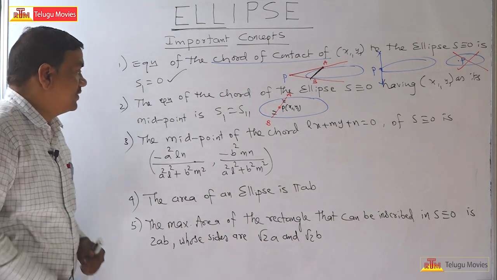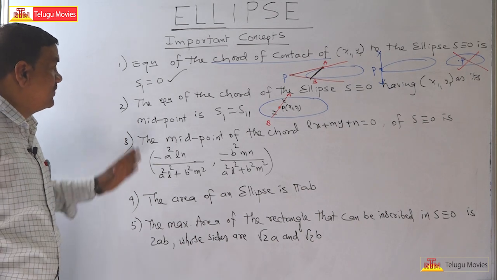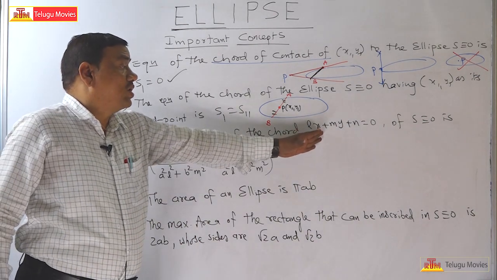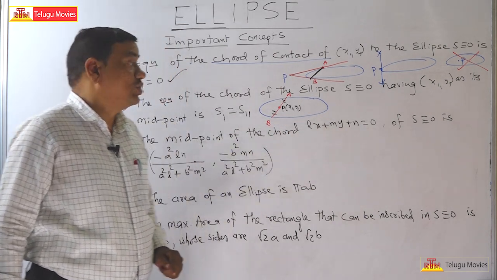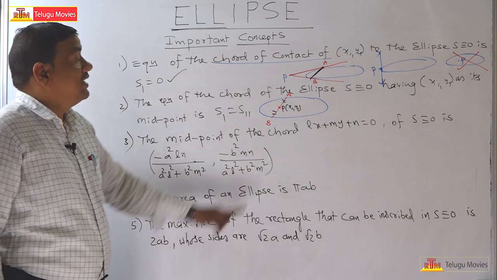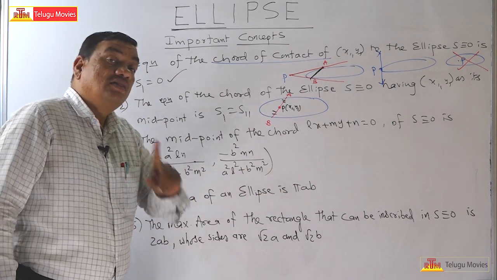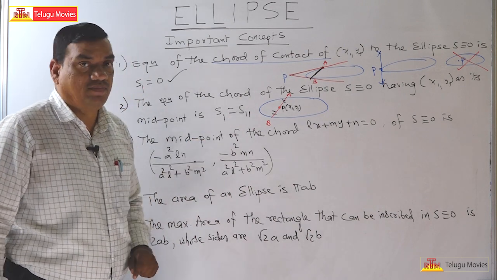So very nice. The second one is the reverse process. What is the reverse process? If the midpoint of the chord is given, then what is the equation of the chord? S1 is equal to S11.